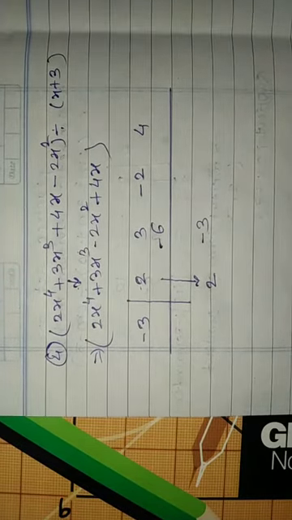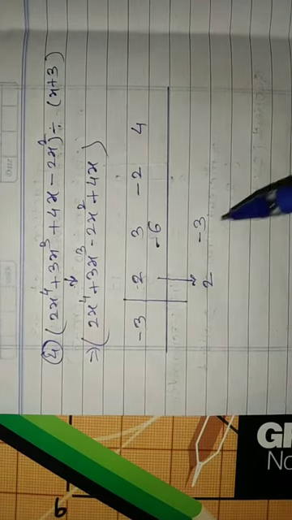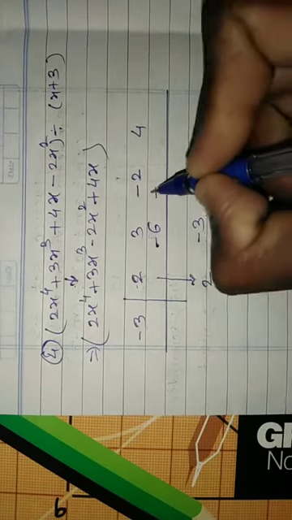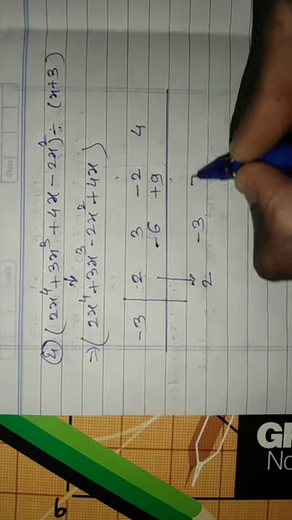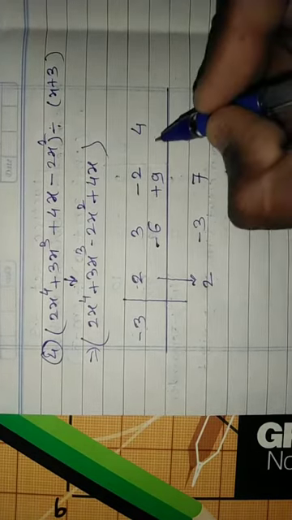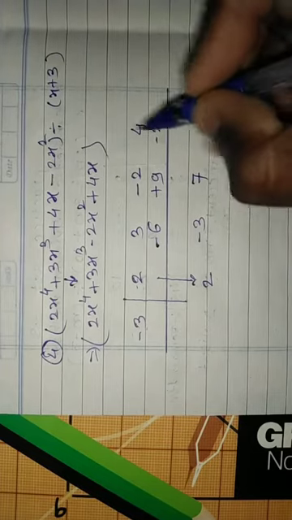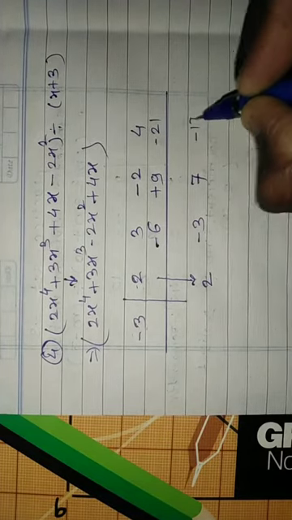Then multiply: minus 3 into minus 3 becomes plus 9, and plus 9 minus 2 becomes 7. 7 times minus 3 is minus 21, and minus 21 plus 4 becomes minus 17.